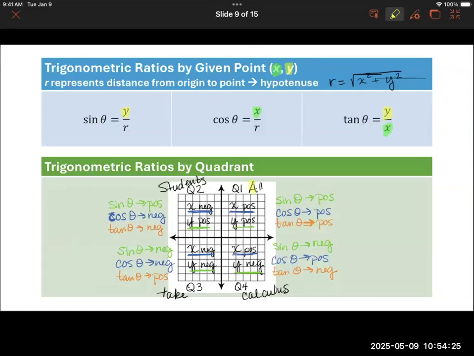All means everything is positive. Okay, all three are positive. Students tells you that in quadrant 2, only the sine is positive. In quadrant 3, Take tells you only the tangent is positive. And in quadrant 4, Calculus tells you only the cosine is positive. So that's a way that you can remember what sign to expect in which quadrant.